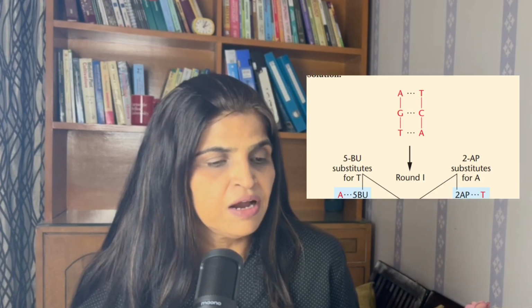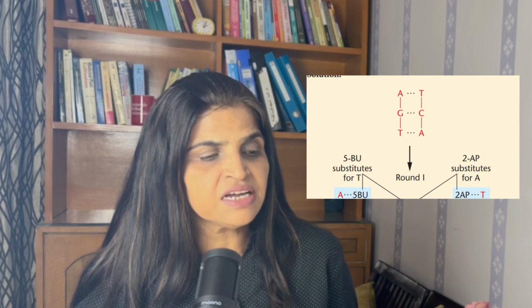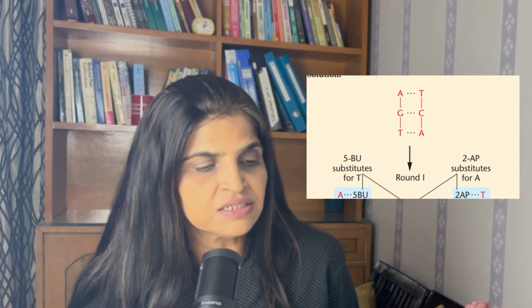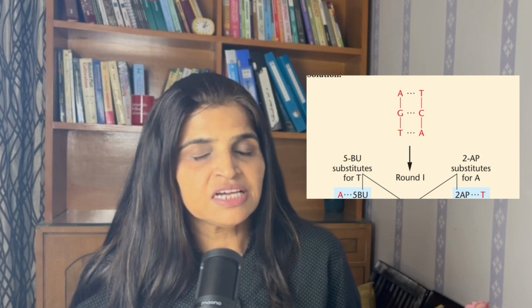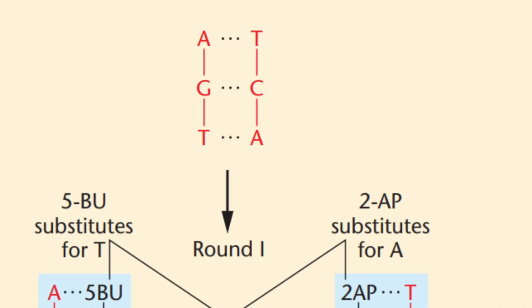I have the sequence on the screen, maybe you could take it from there. So before the second and third round of replication, any unincorporated base analog is removed. So what does that mean? It means no incorporation has happened in the second and third round of replication.